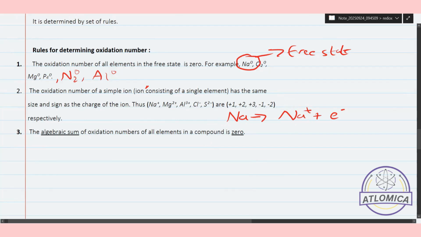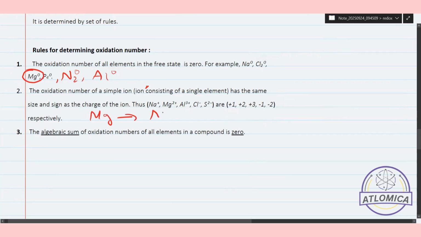So in the ionic state, the ionic charge is equal to the oxidation number. If there's a 1+ ionic charge, that means the oxidation number is +1. Let's conclude with another example, magnesium. In the free state, as in the first rule, the oxidation number of Mg is 0. But when Mg loses 2 electrons, it becomes Mg2+.